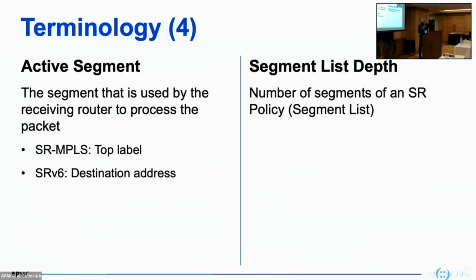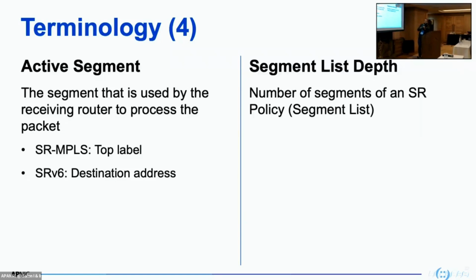The first one, or the top one, is my active segment. When I complete that, I look at the next instruction, and that becomes my active segment. Once I reach there, I look at the next instruction, and that becomes my active segment.